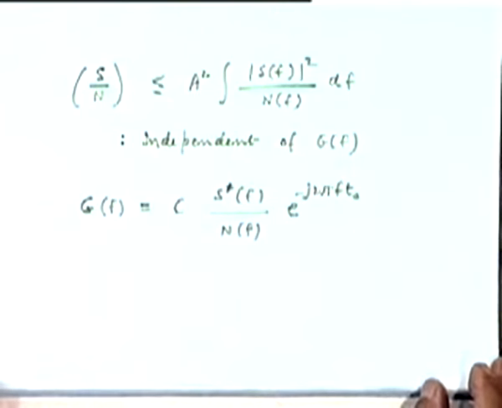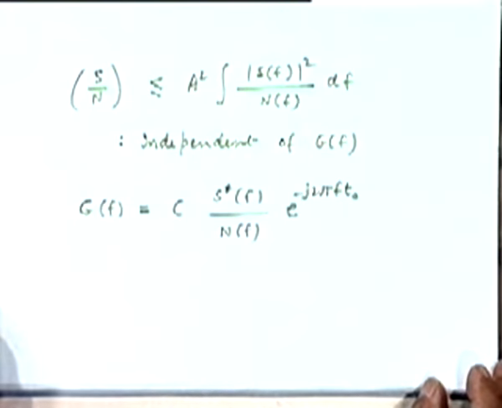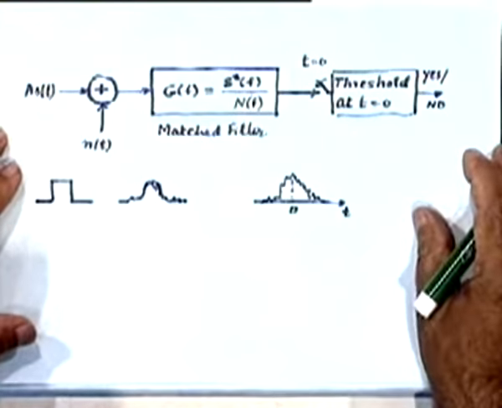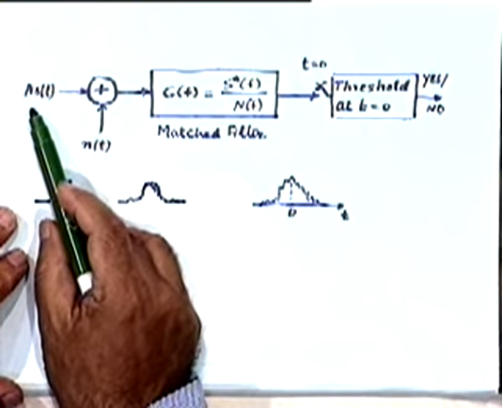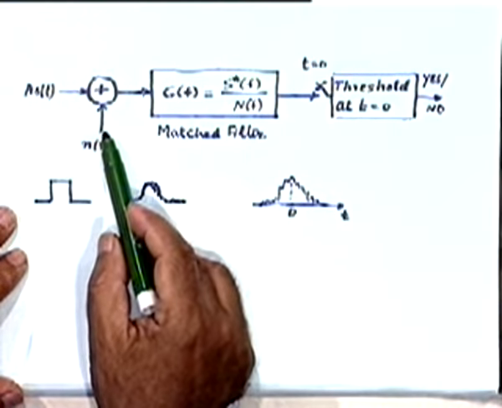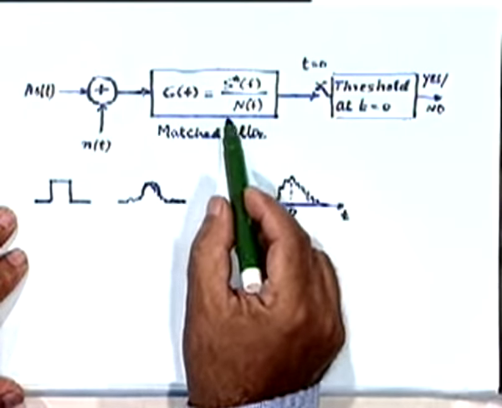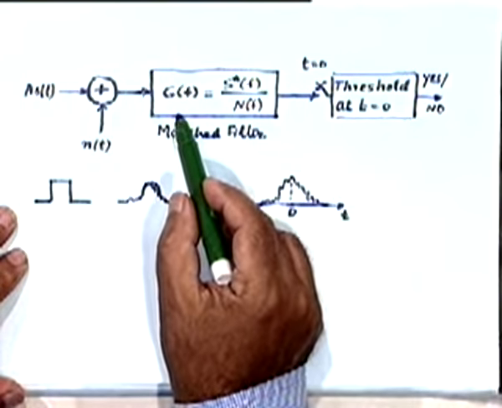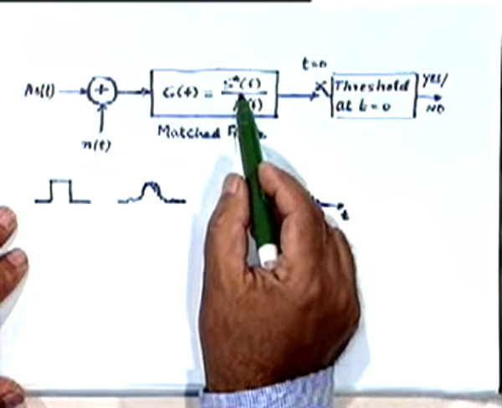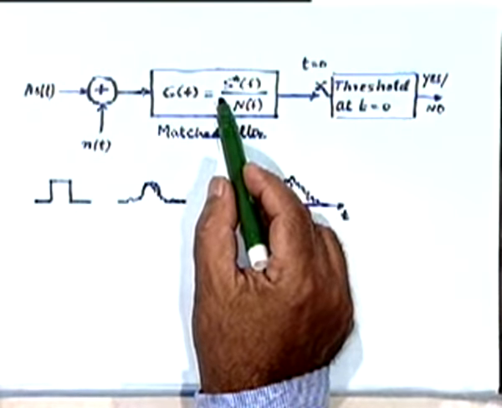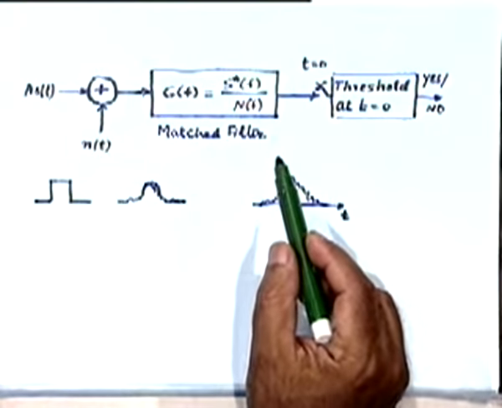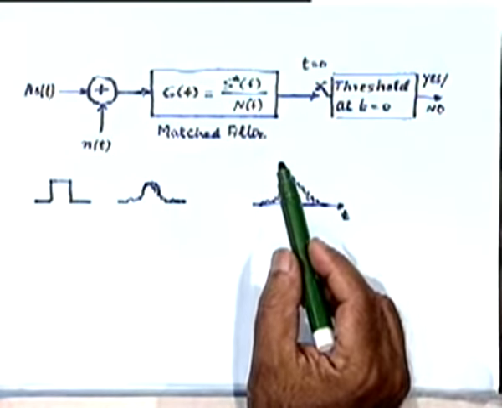Okay, now before I do any discussion, let me show you the picture that we have in mind. Here is your signal coming along with noise. So the noisy signal is coming along. We pass it through this filter, which is, whether we put the scaling factor there or not, it hardly matters, okay, because it will not affect the signal to noise ratio, right?